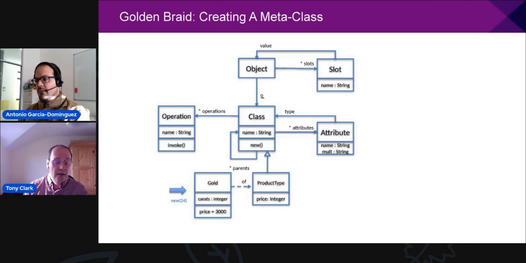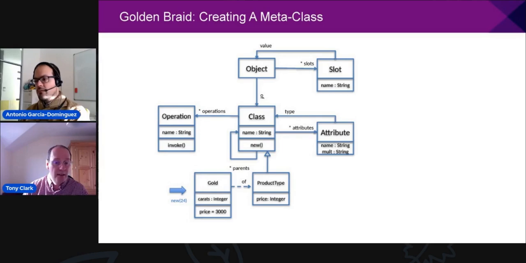And you'll notice that gold has something peculiar attached to it compared to conventional classes. It has a bit of state, but that state, price equals 3000, is set at the language level. So we've created ourselves a new little language here, the language of product types.